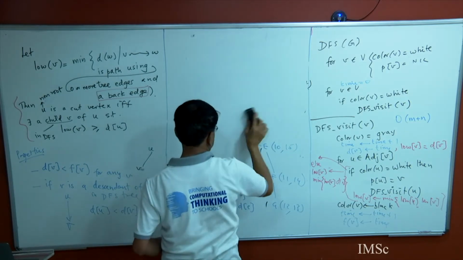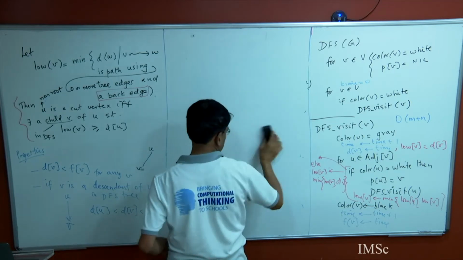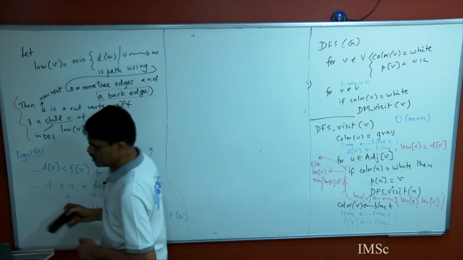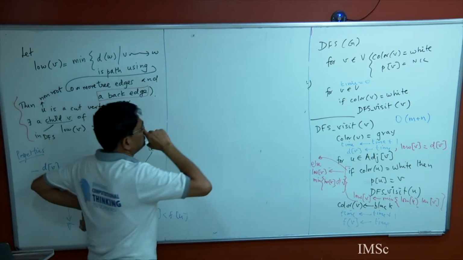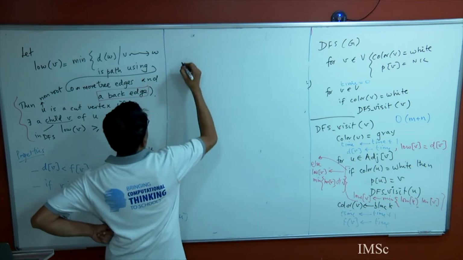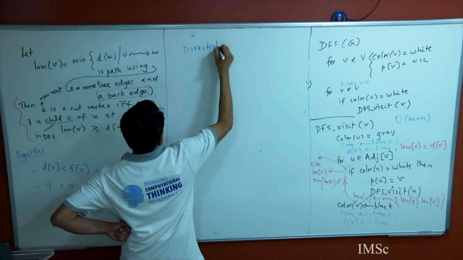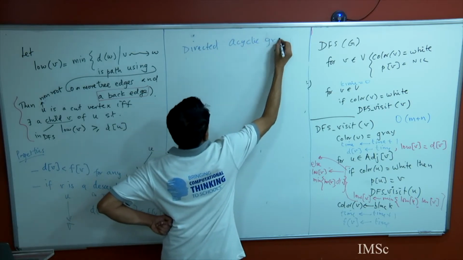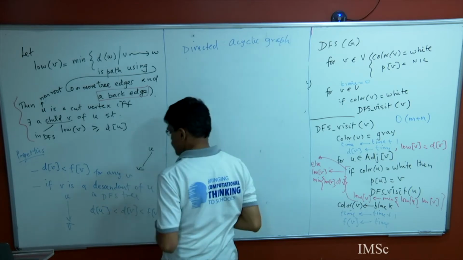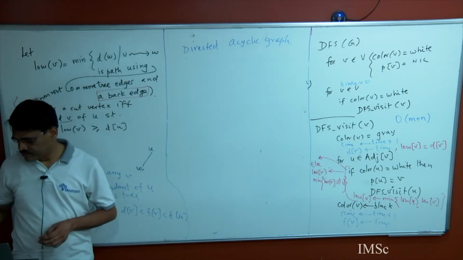popular application of DFS, which is to do what is called a topological sort in a directed acyclic graph. If you have a directed acyclic graph, and you do a DFS starting at a vertex, how will the edges be?